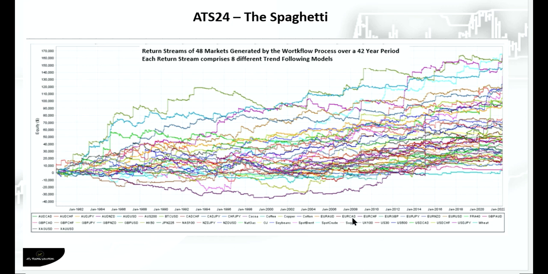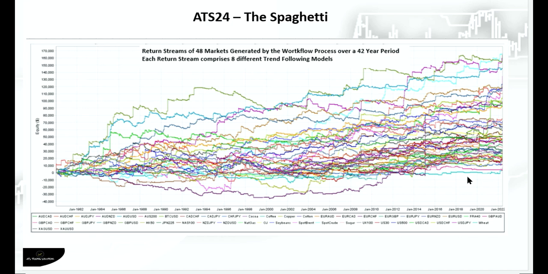So what you are seeing are the return streams from different markets, but not all the return streams generated from the entire process. Now, while this vast array of return streams looks like a mess of spaghetti, you can see that despite the volatile nature of each individual return stream, each of these return streams has a slight overall positive expectancy over the course of the history.